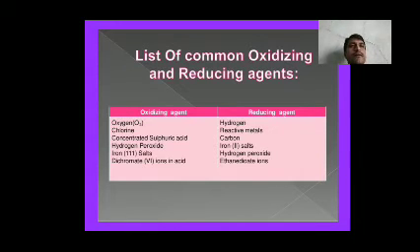List of common oxidizing and reducing agents. Oxidizing agent: oxygen. Reducing agent: hydrogen. Oxidizing agent: chlorine. Reducing agent: reactive metals.